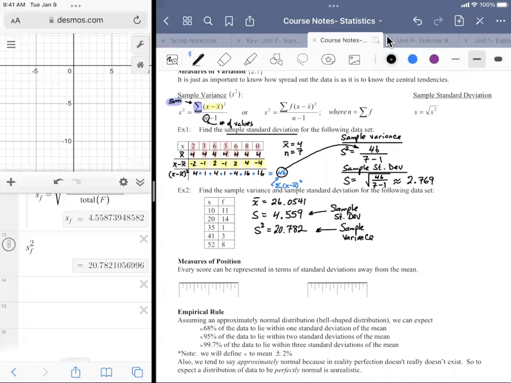If you already know the sample variance, you take the square root of it to find the standard deviation. But if you know the standard deviation, raise it to the 2nd power, and that'll give you your sample variance. Computationally, finding a standard deviation is not going to be too bad because we're just going to use really the same Desmos calculator over and over again.